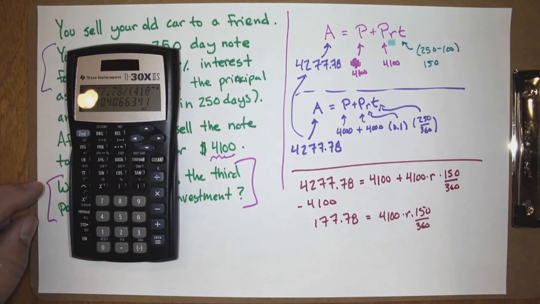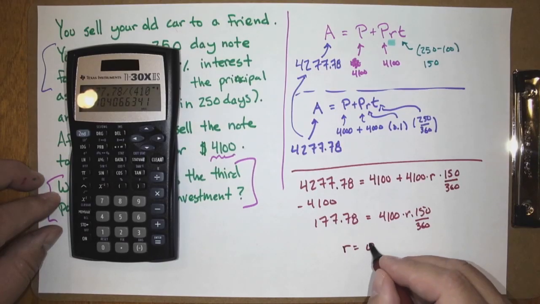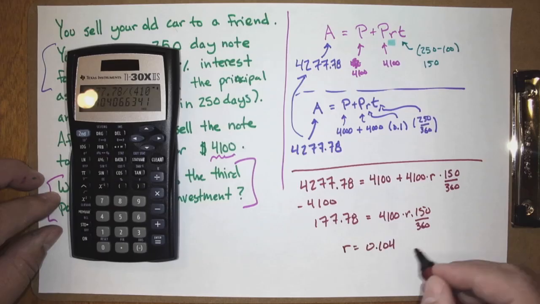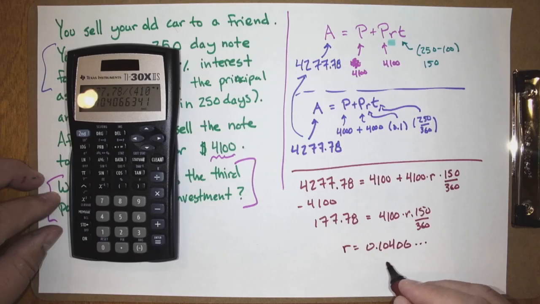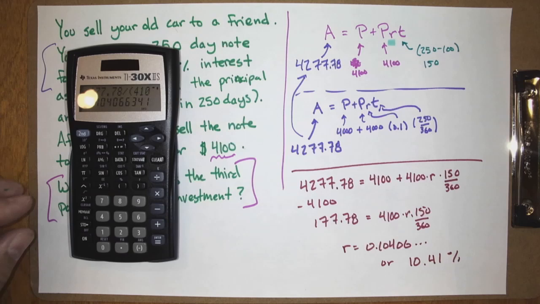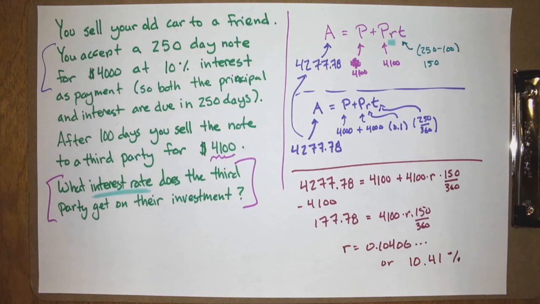There you go. Okay, so we get that R is 0.10406, or 10.4, if we round it to two digits, 10.41%. So the third party got a little bit better than 10%.